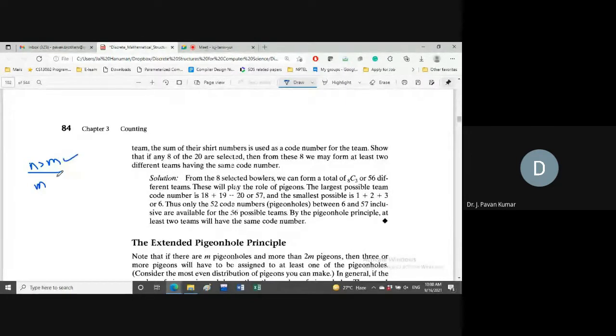Now, how can we give more accurate or more useful information rather than saying at least one will have more than one? Consider an example: 15 pigeonholes and 16 pigeons.